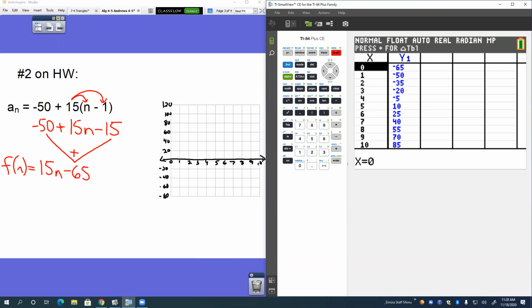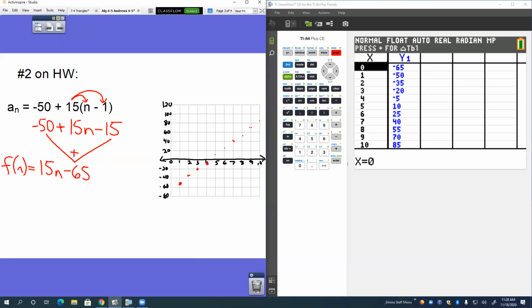Second in table. So 1 is -50. 2 is -35. 3 is -20. 4 is -5. 5 is +10. 6 is 25. 7 is 40. 8 is 55. 9 is 70. 10 is 85.